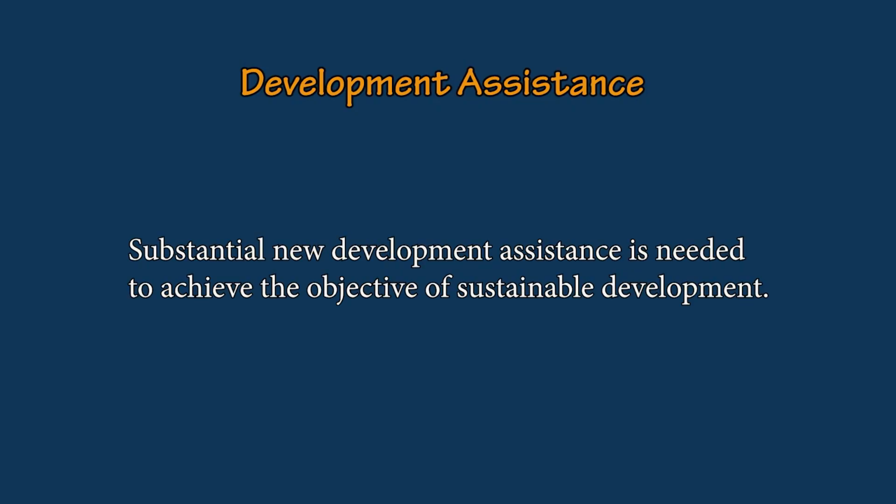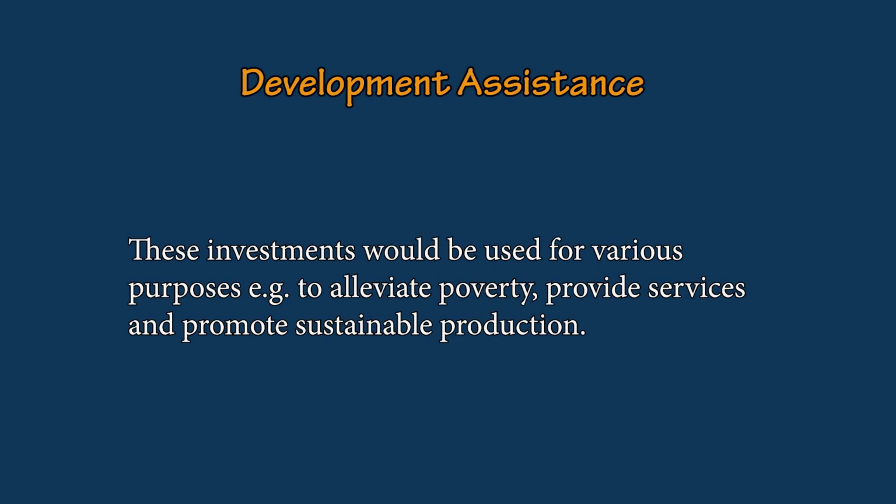Development assistance can be another route by which the developed countries can help the developing countries. By development assistance, what do we mean? We mean some kind of investment for various purposes, for example poverty alleviation, or to promote sustainable development goals, or to promote sustainable production in agriculture or various other sectors. If the developed countries give some amount of development assistance to the developing countries, that will always be beneficial for both of them.